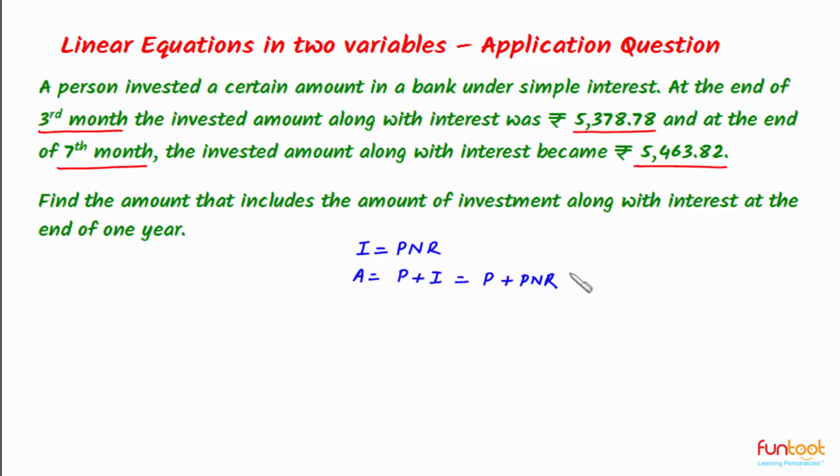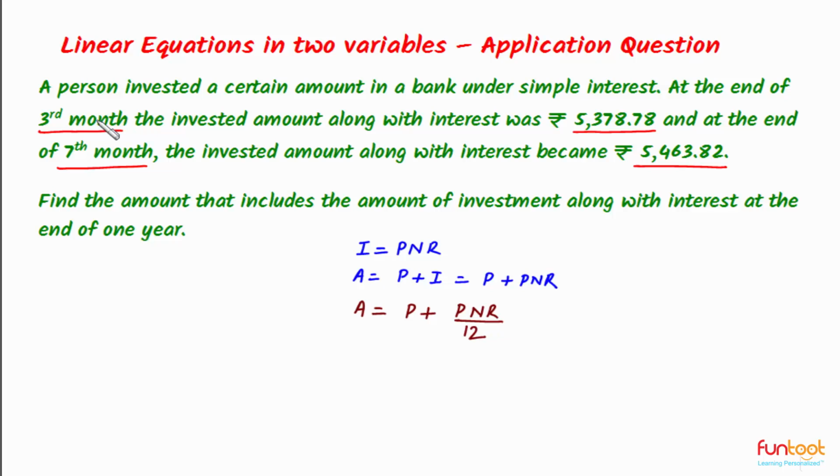For this, we need to have the exact linear equation. For forming an equation, we need to identify the constants and variables here. So here, principal and rate are constants and variables are amount A and number of years N. So the linear equation in two variables can be A equals P plus PNR by 12.